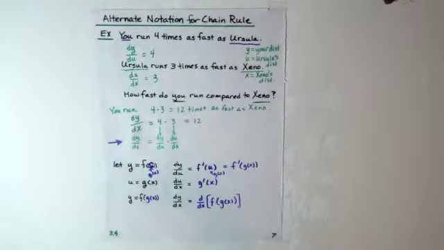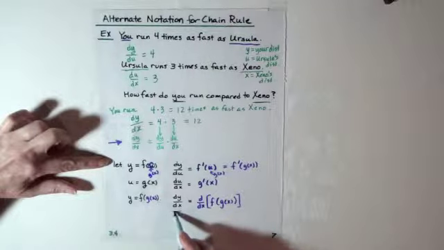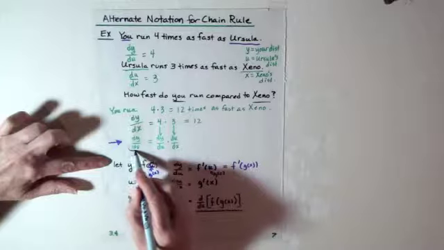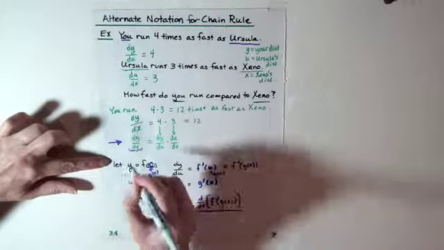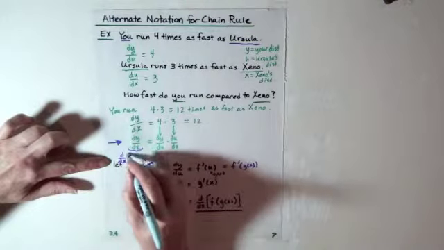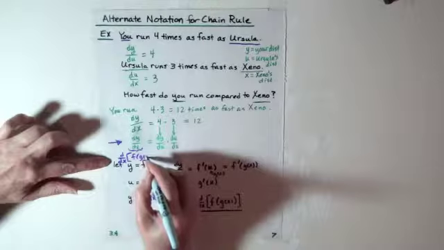Instead of using the dy dx type notation for the derivative, I want to use the f prime type of notation for the derivative. Well, let's rewrite each part underneath it. Here, we said dy dx is all of this stuff. So in place of dy dx in this line, I'm going to write this. It's the derivative with respect to x of the composite function f of g of x.